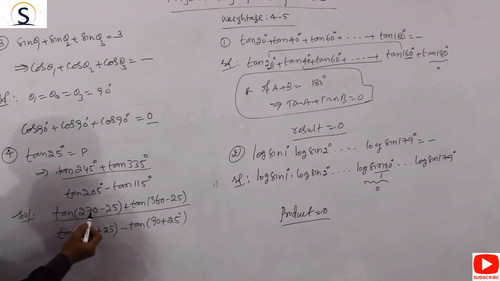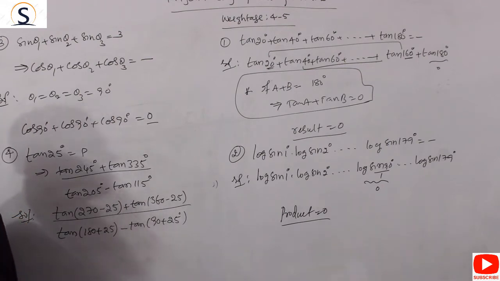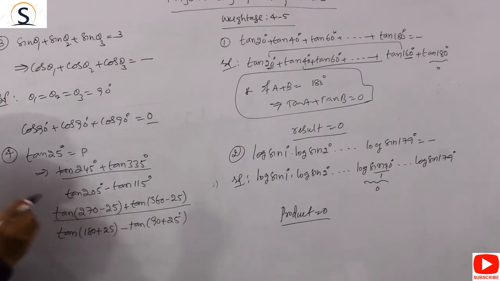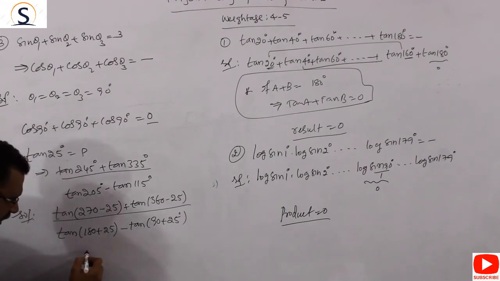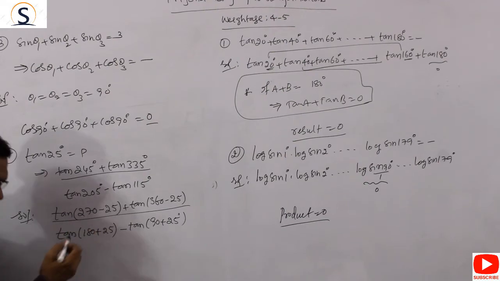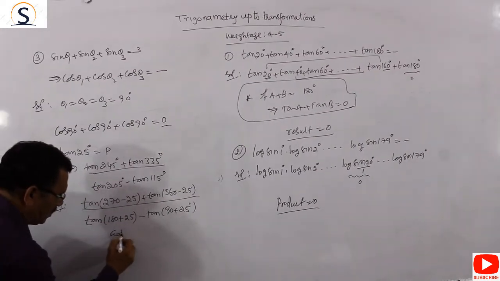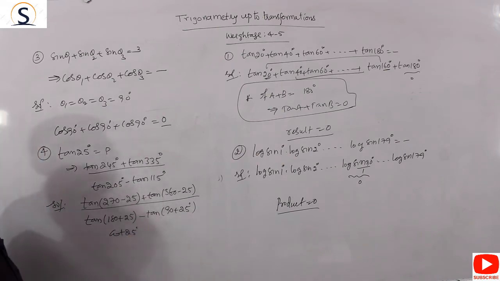Now, tan of 270 minus theta, which quadrant? 270 minus theta belongs to the third quadrant. In the third quadrant tan is positive, therefore it is positive, and since 270 is there, tan becomes cot. That means cot 25 degree.